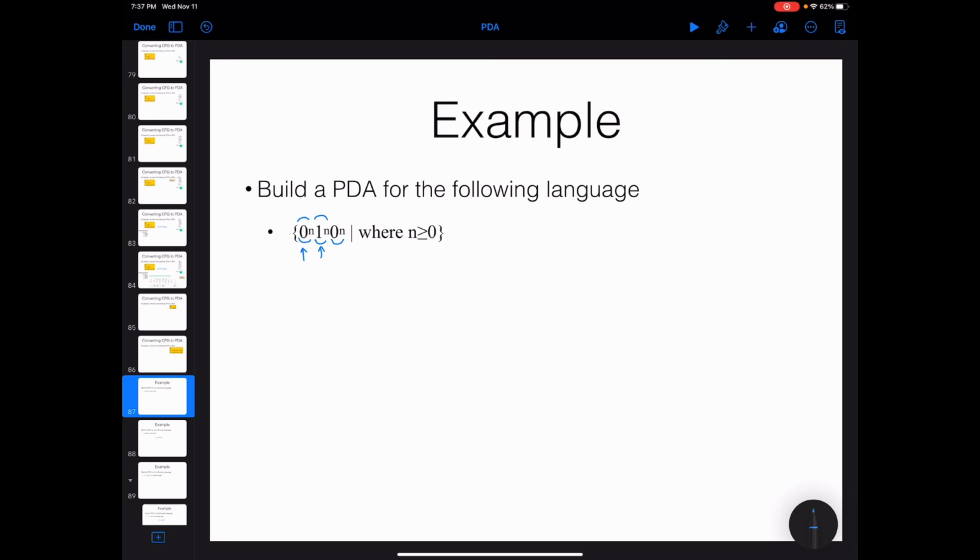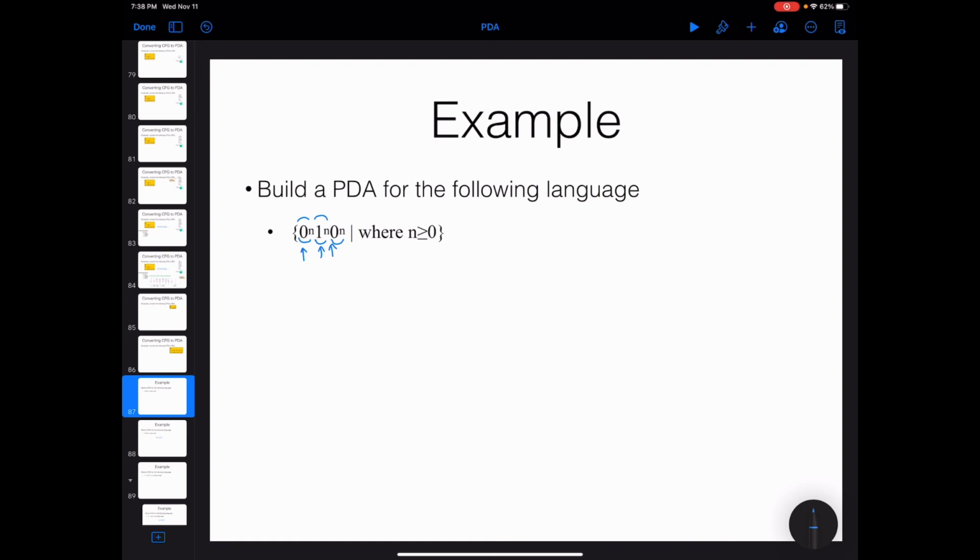But the thing is, when you reach this point, you don't have any other indicator to count the remaining zeros at the end and make sure they are equal to the number of zeros and ones that you have seen before. The stack is empty, and I don't know how many zeros or ones I have read so far.